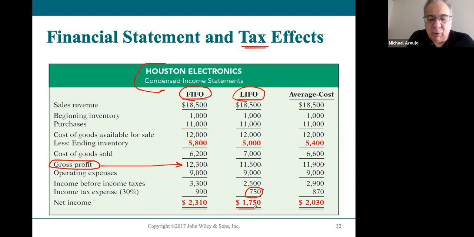But if I'm a stockholder, I'm not happy with this. I'm happy with that. So oftentimes it doesn't really matter to a lot of companies what the end result is for their taxes. It really matters to owners that their company is profitable.